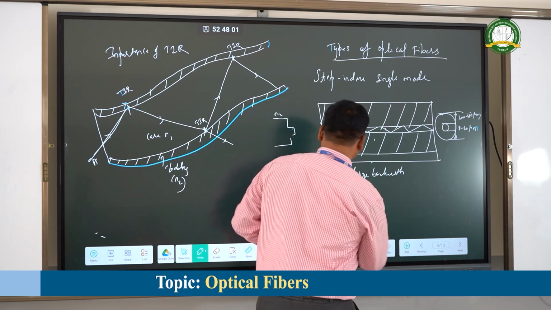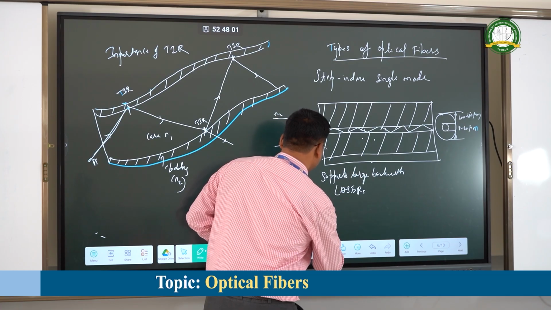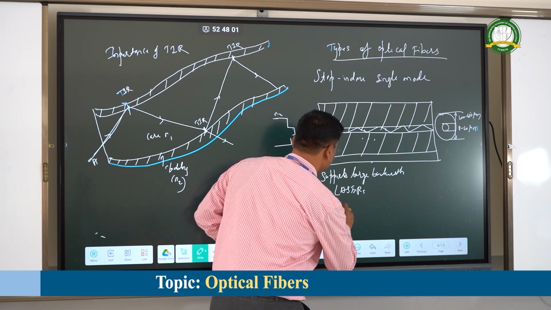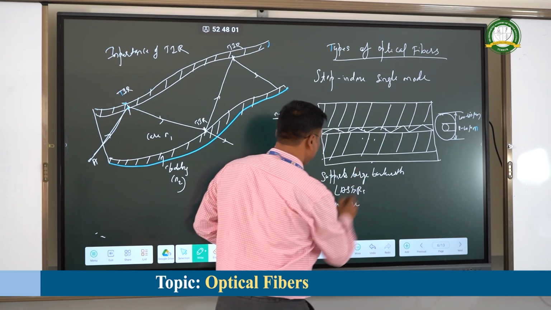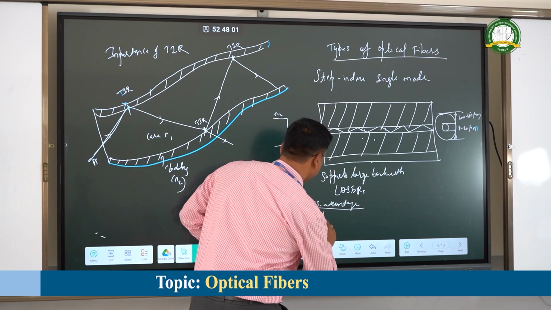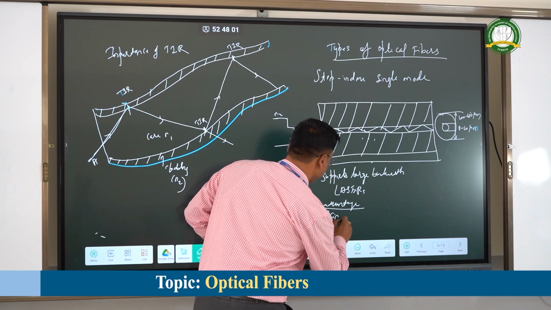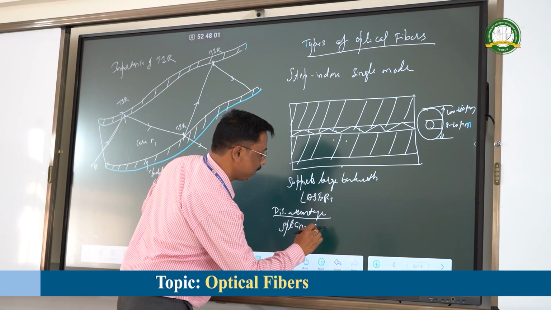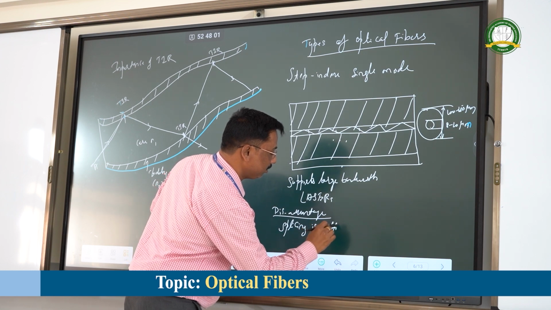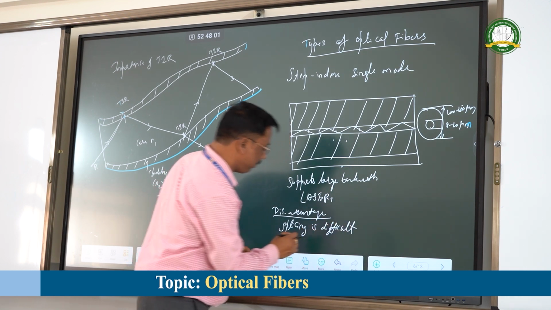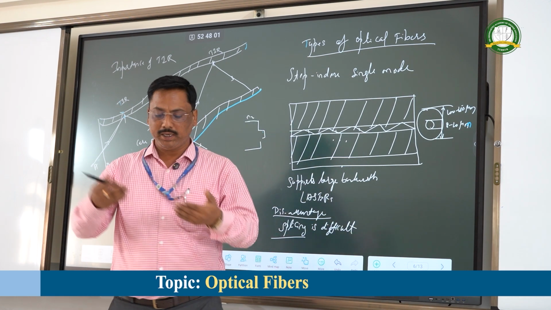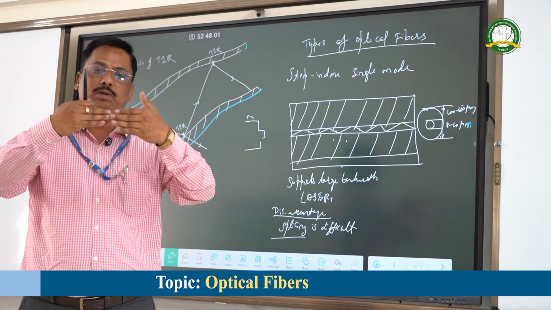The disadvantage of this single mode fiber is that splicing is difficult. What is splicing? Splicing means joining two optical fibers.